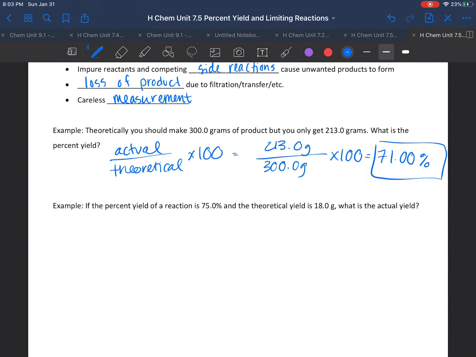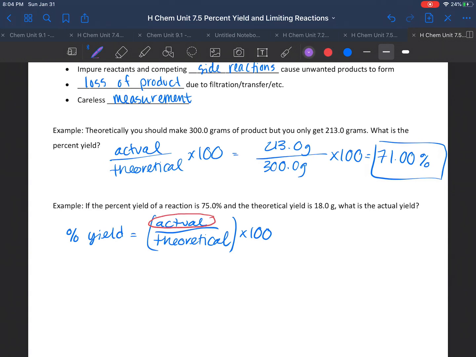If we set up the equation, percent yield is equal to actual over theoretical times 100. What are we solving for? We're solving for the actual yield.